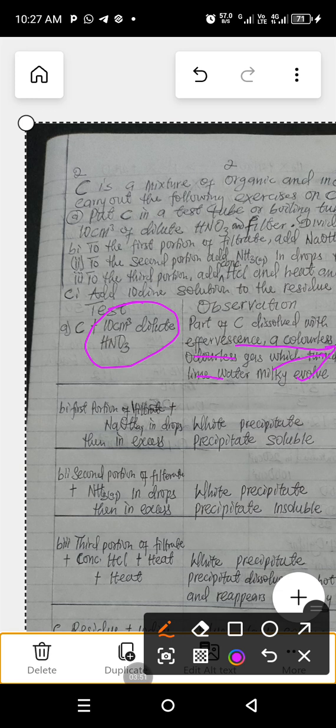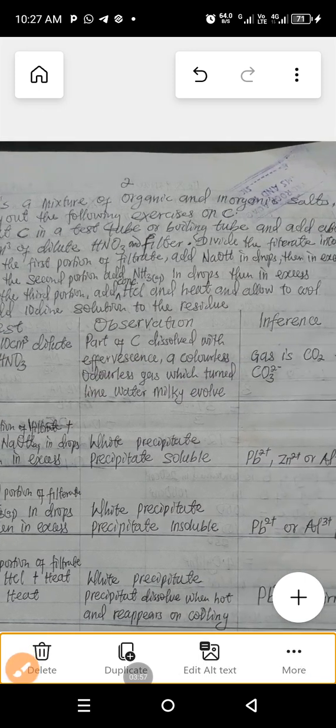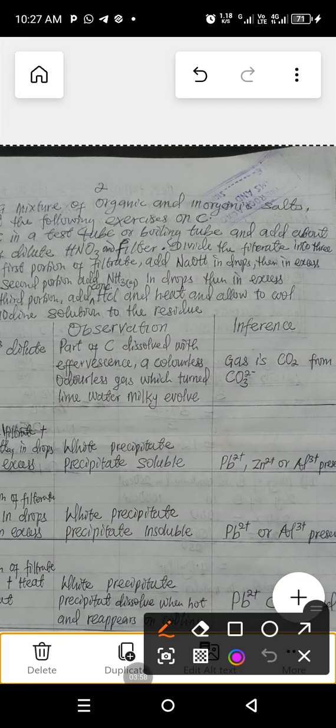And so what is the inference? Gas is CO2 from CO3²⁻. That's what you have.